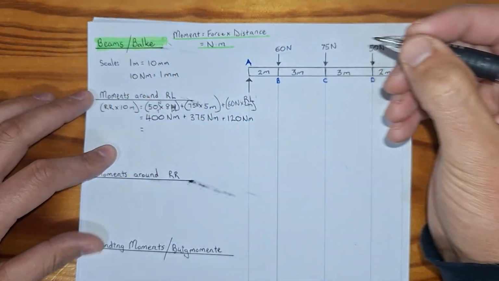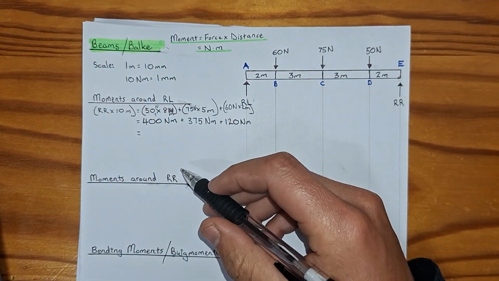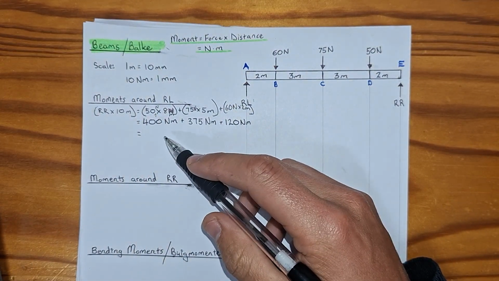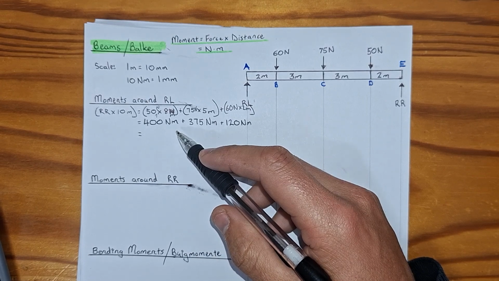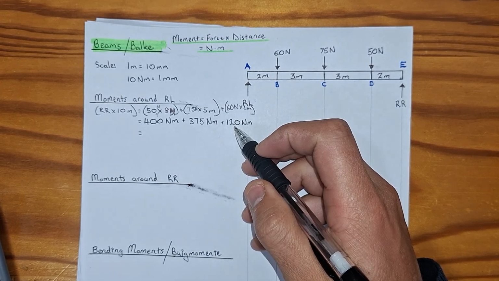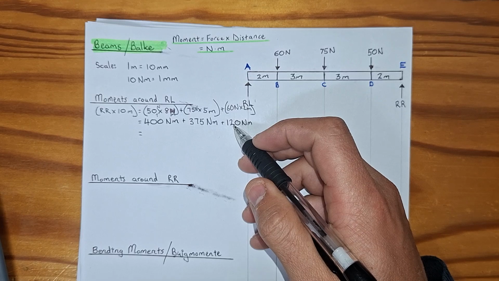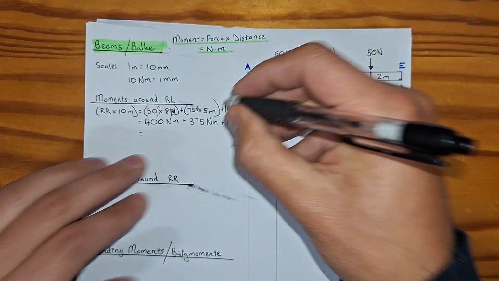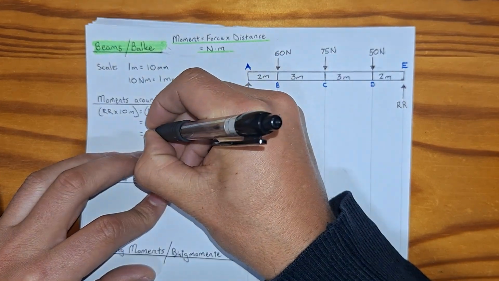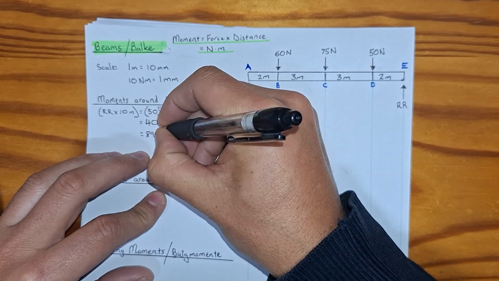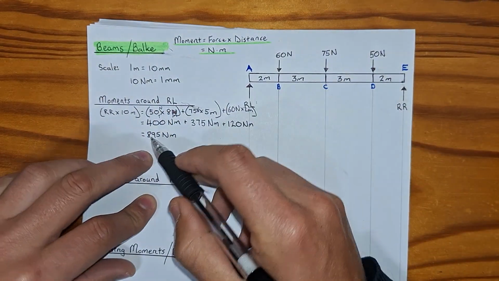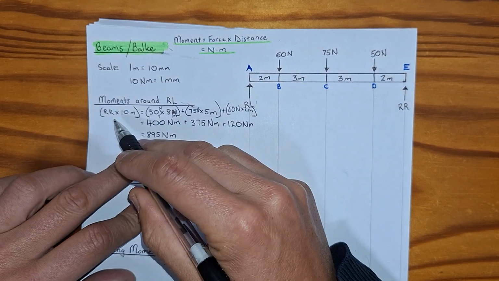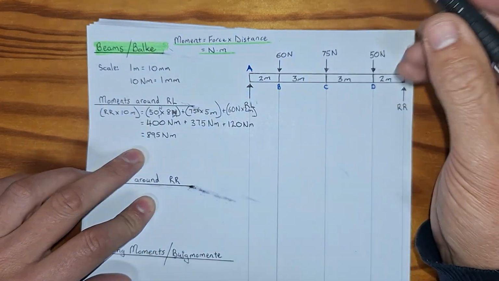So then we'll add all of this together. So it's 400 plus 375 plus 120 equals 895 newton meters. Okay, but remember, on the left hand side we still had reaction right times 10 meters.